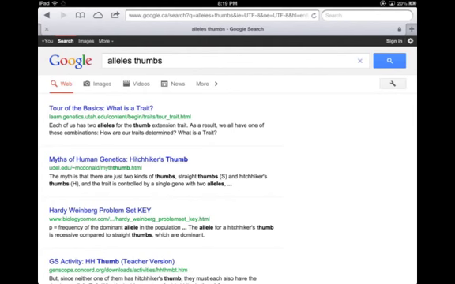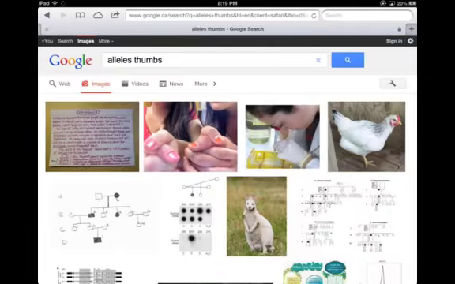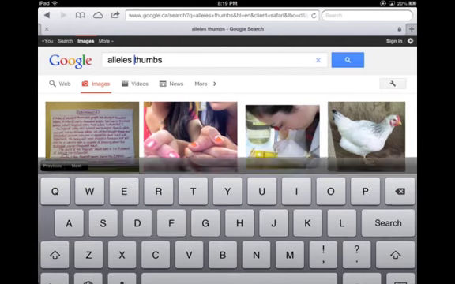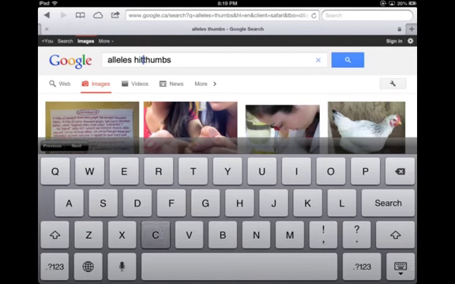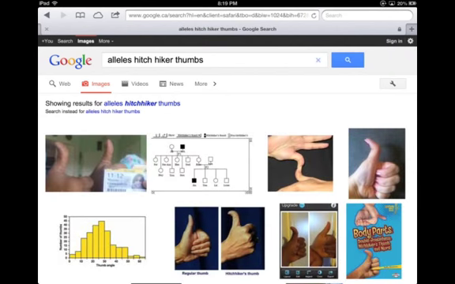Now, when you look at thumbs, you either kind of have one type or another. A hitchhiker thumb, which bends way back, or a straight thumb, which goes more or less straight up in the air.